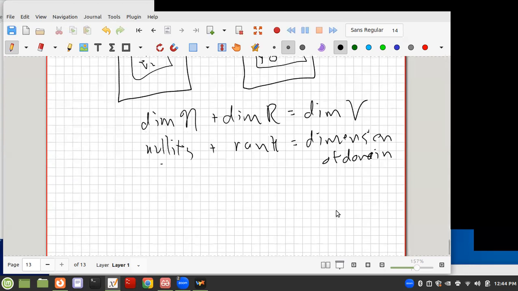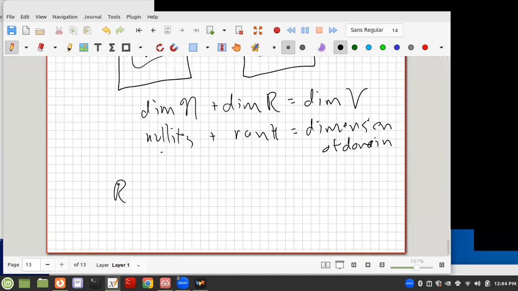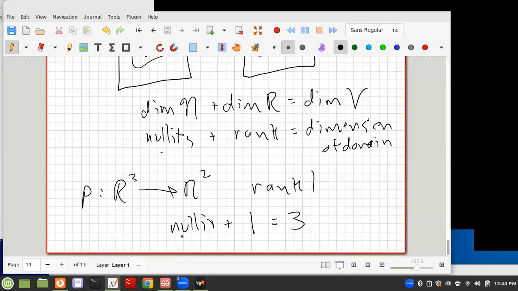So let's say, as an example, that you had a map P from R3 to R2, and the rank was 1. Well, you know that the nullity of the map plus 1 has to equal 3, the dimension of the domain. Therefore, you know right away the nullity is 2.